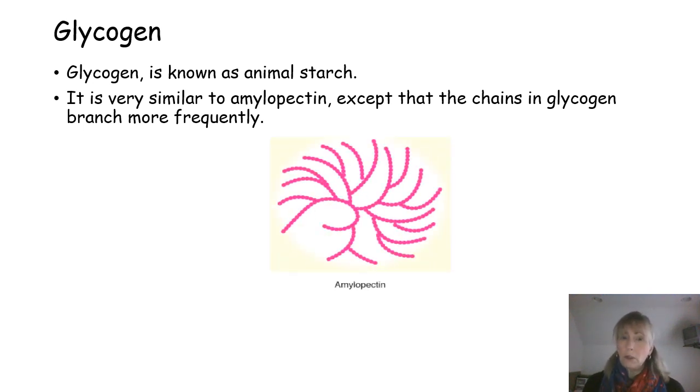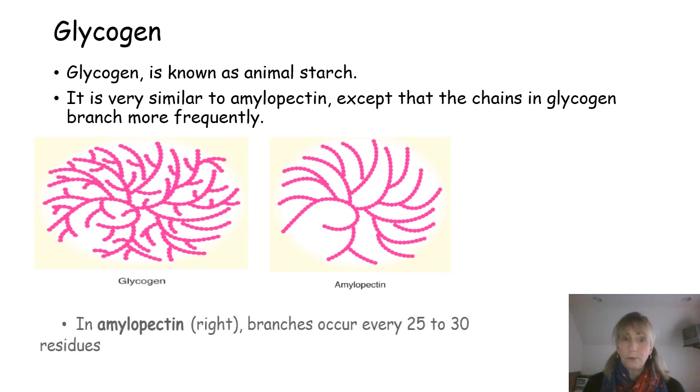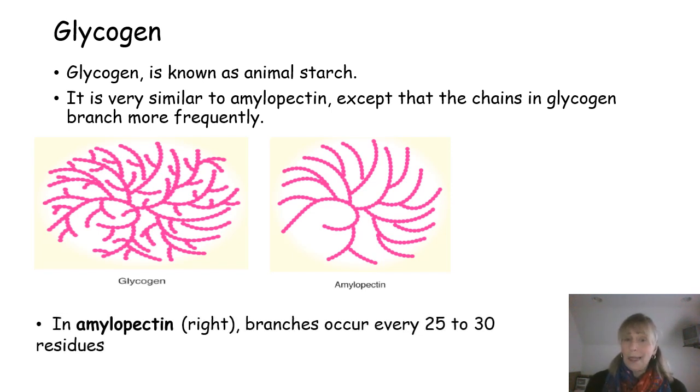So remember what our amylopectin structure resembled: the long chains and then some branching to another one. With glycogen, even more branching. Amylopectin's to the right; your branching might occur every 25 to 30 residues.